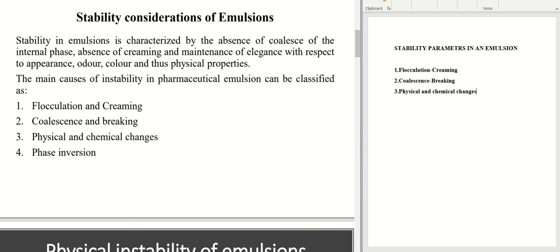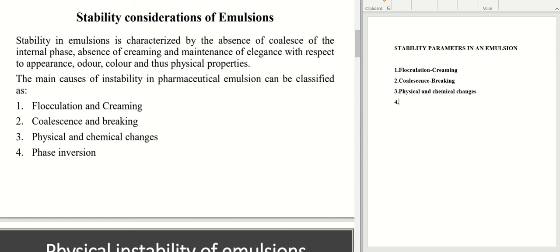It could be because of the wrong choice of emulsifying agents, or addition of emulsifying agents in wrong proportions, and even the nature of the emulsifying agent plays a major role in the deterioration of an emulsion. Let's see all these factors in detail.